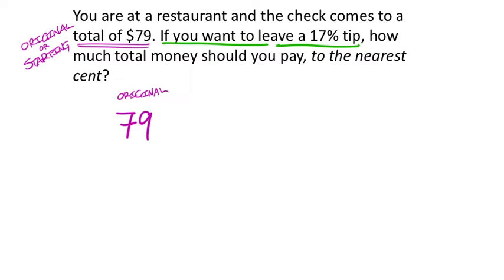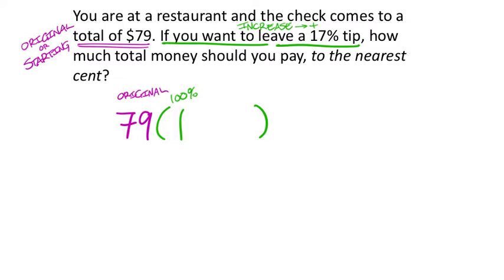Now, a 17% tip is going to increase the cost or increase your bill. So that means we know we're going to be adding this 17%. Okay, so again, in my percentage, I have 1, which represents, if you just multiply this by 1, 100% of the bill.